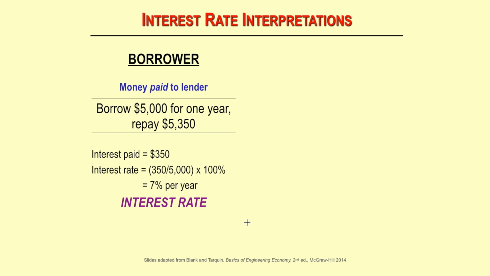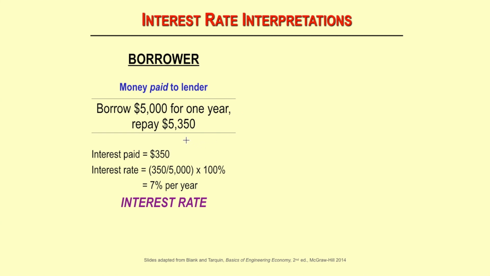Now let's look at some numbers to clarify these points. So for a borrower, an interest is amount of money that is paid to a lender. So you have a borrower here. He borrows $5,000 for 1 year, and he repays with $5,350.